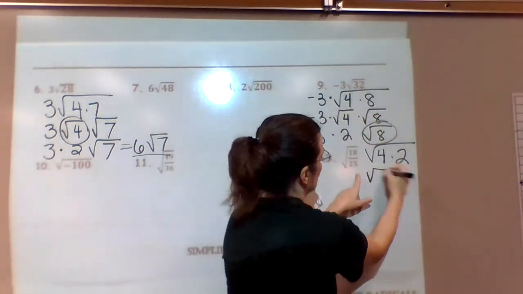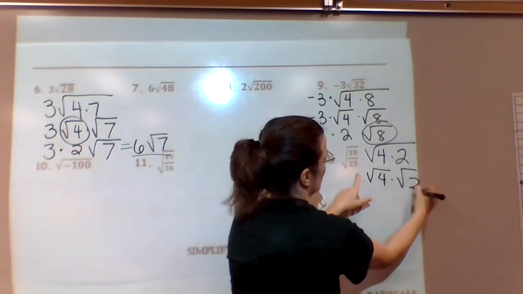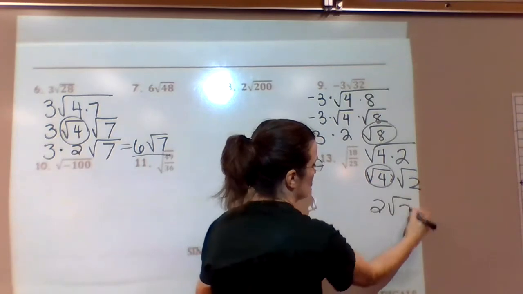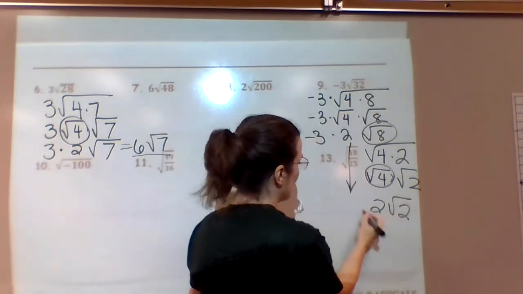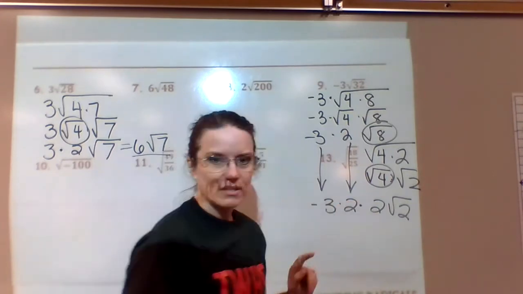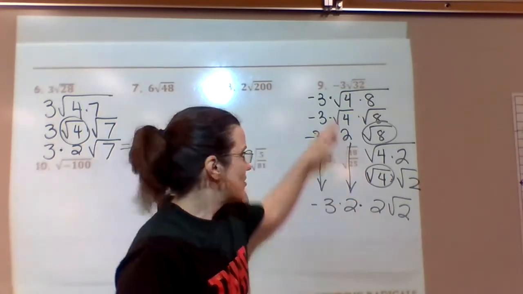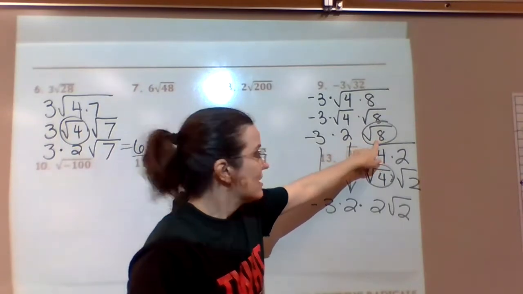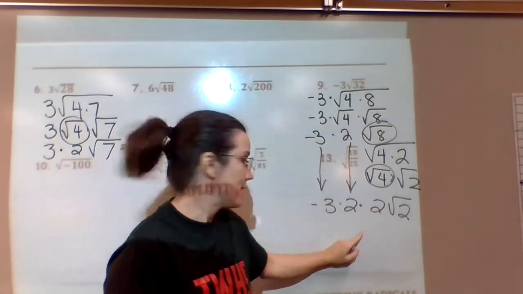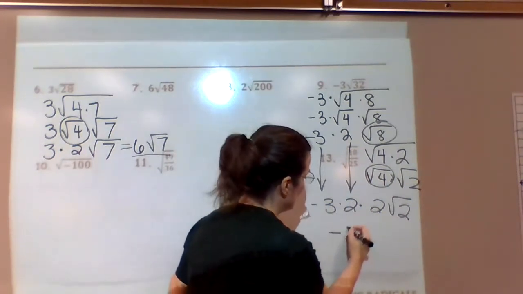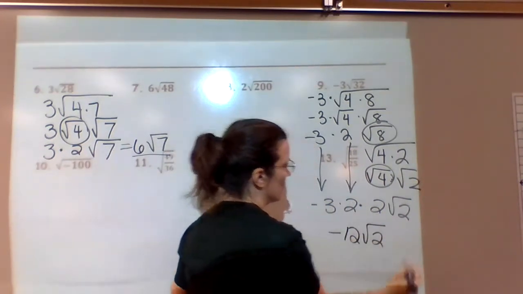So then that would be the square root of 4 times the square root of 2. The square root of 4 simplifies into 2 root 2. And then all these other things that I had already simplified out come down. And so you have to watch out and make sure that your radical at the end doesn't still simplify. And so here, 2 times 2 is 4 times negative 3 is negative 12 root 2.